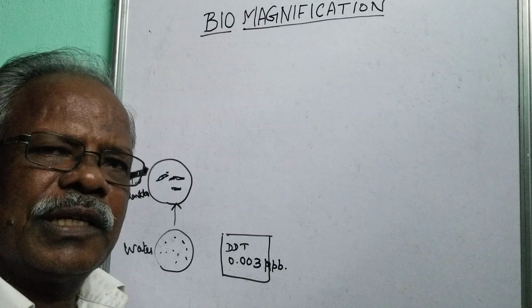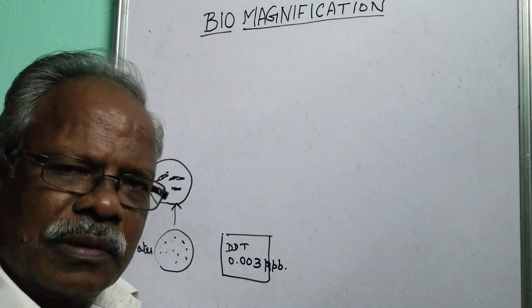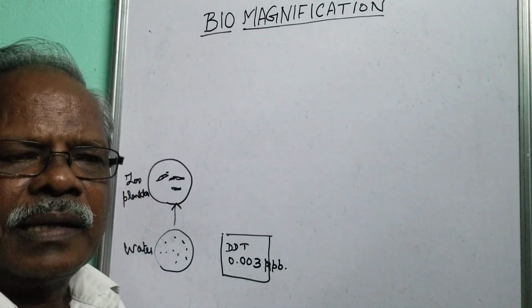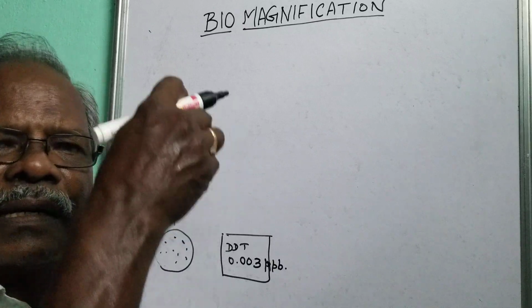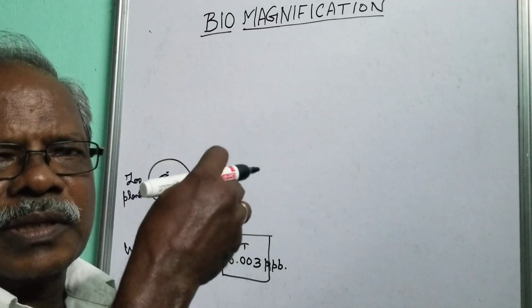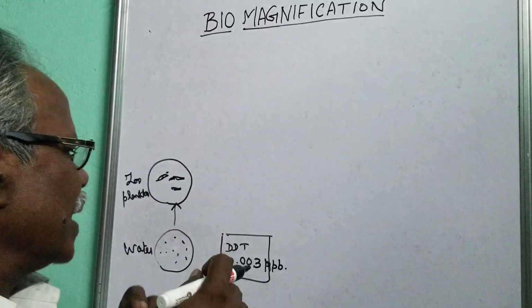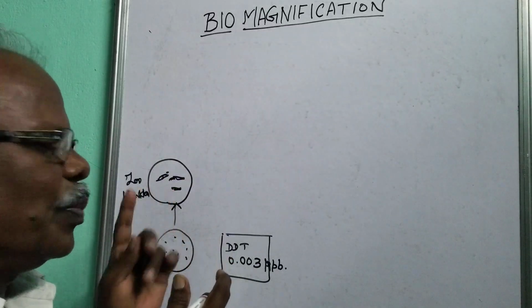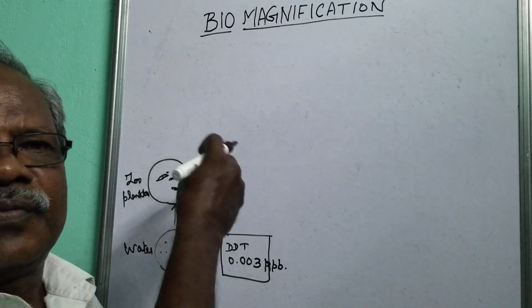In the morning it will be found in the deep bottom layer, and when the sun sets, it comes to the top layer. That is called zooplankton. The zooplankton is the prey for fishes.